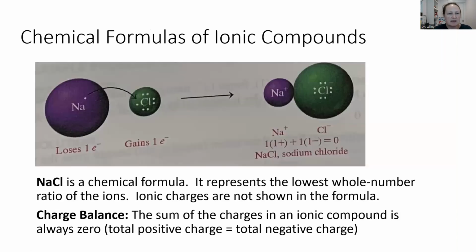Okay, so let's talk about chemical formulas of ionic compounds. Recall that sodium, which is in group 1A, will commonly lose one electron to form Na+. That electron can be given to an element such as chlorine.